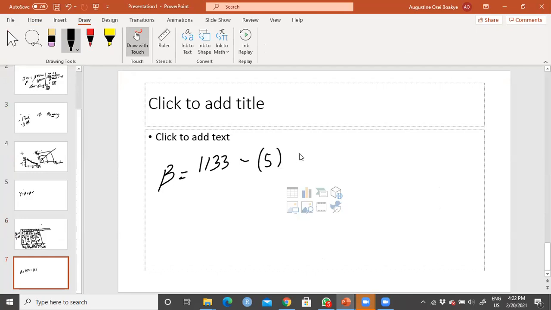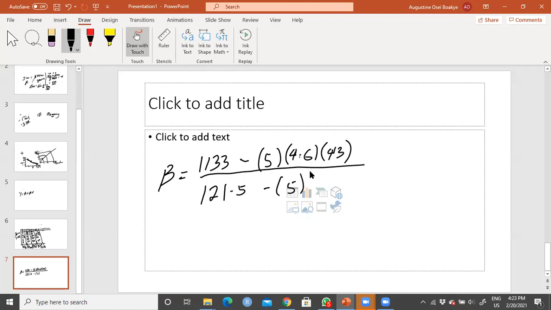Then the x bar, we got 4.6. Then y bar, or the mean of y, we got 43. Then the denominator for summation x squared, we got 121.5. Then the n is 5. Then for x bar squared, it is 4.6 squared.